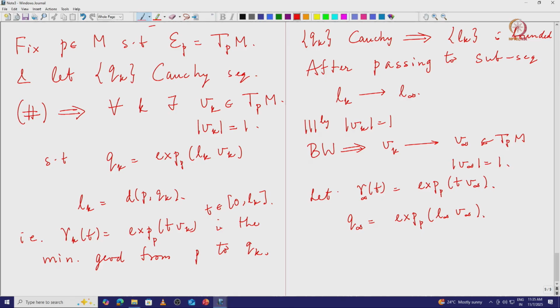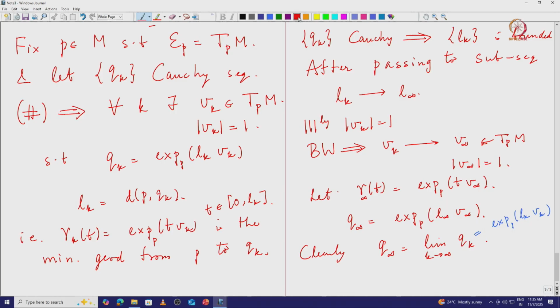Okay. Then clearly q infinity is going to be the limit of all these qk's, right, because each of these qk's is basically the exponential of Lk Vk, and Lk converges to L infinity, Vk converges to V infinity, Exp is obviously a continuous map, right.